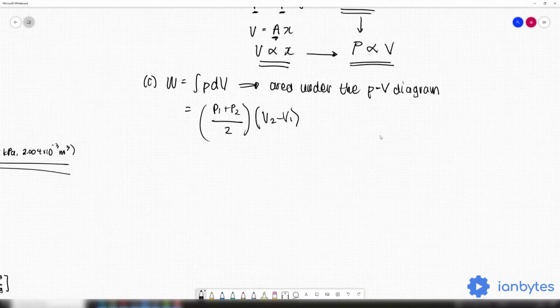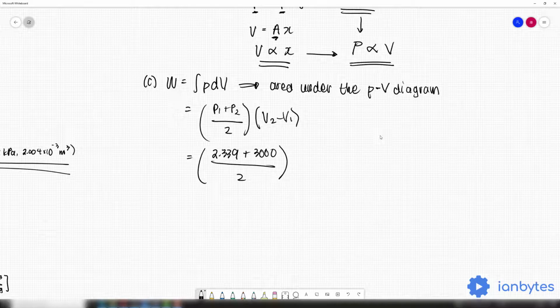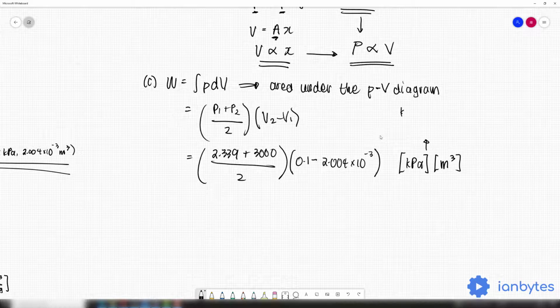Filling in these values, we know that the initial pressure P1 is just equal to 2.339 kilopascals plus 3,000 kilopascals all over 2 multiplied by 0.1 minus 2.004 times 10 to the negative 3. Now, what is the unit of work in this situation? Remember that your pressure is in kilopascals and your change in volume is in cubic meters. We also know that kilopascals is just kilonewton per square meter.